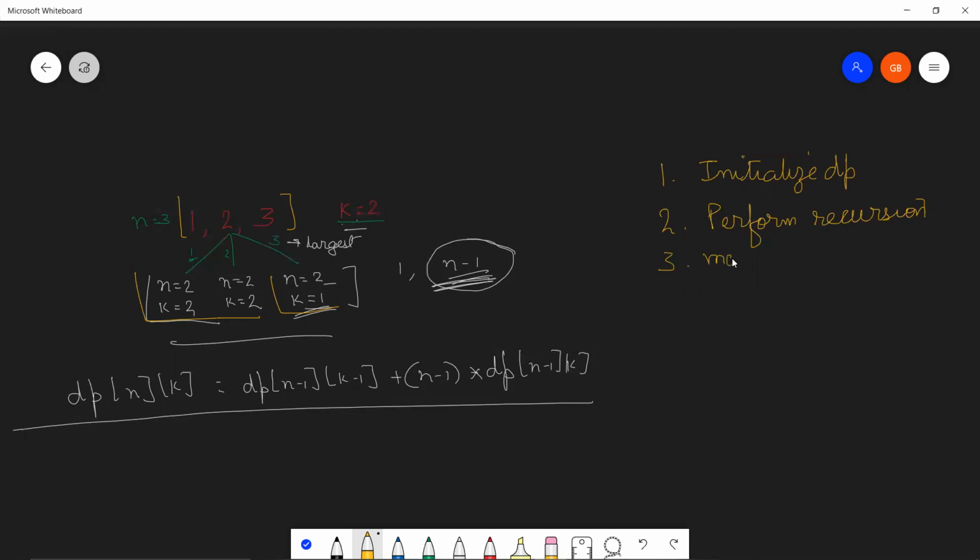Third, maintain dp. Fourth, write base cases. And final is to return your answer.